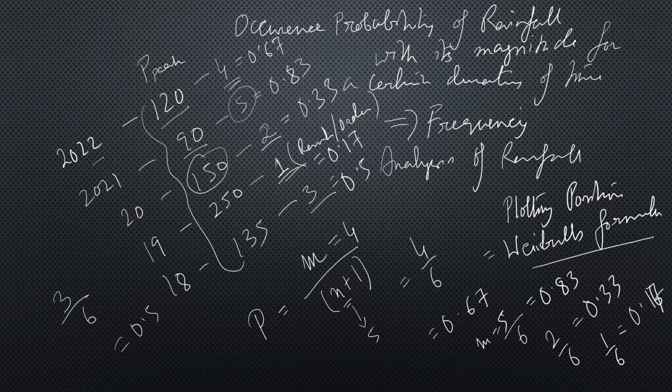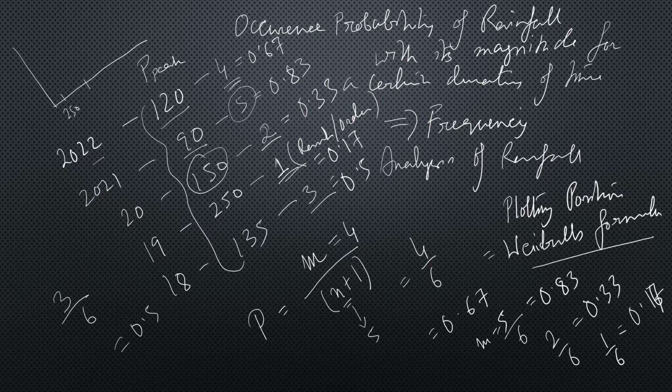Now, if I arrange these probabilities with the magnitude of that rainfall in the descending order of magnitude, you will get a curve something like this. Suppose this would be the highest rainfall, 250.